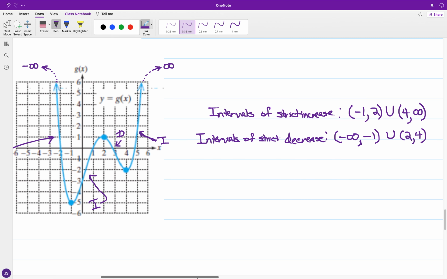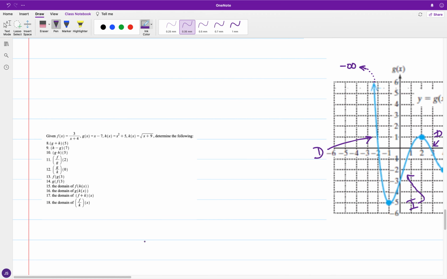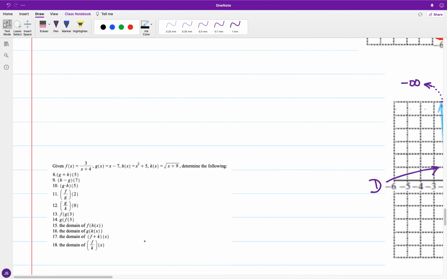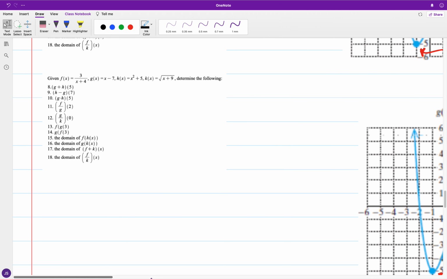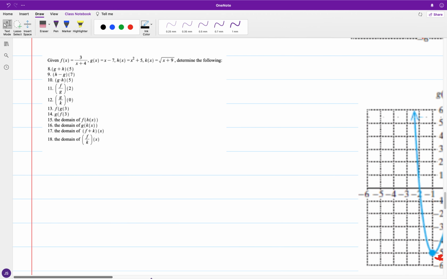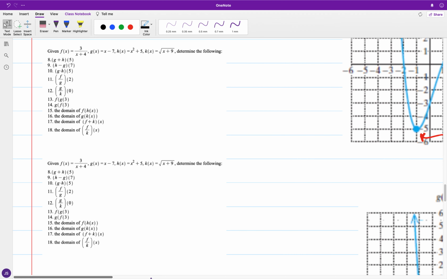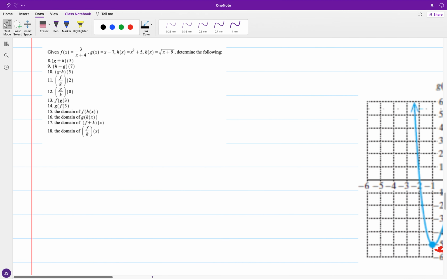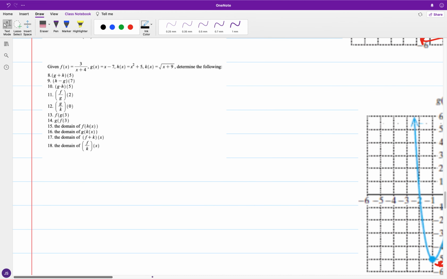Now for what we have regarding operations between functions, just for the first part here, you have given functions f of x, g of x, h of x, as well as k of x. In the case of numbers 8, 9, and 10, we are involving the functions g and h.